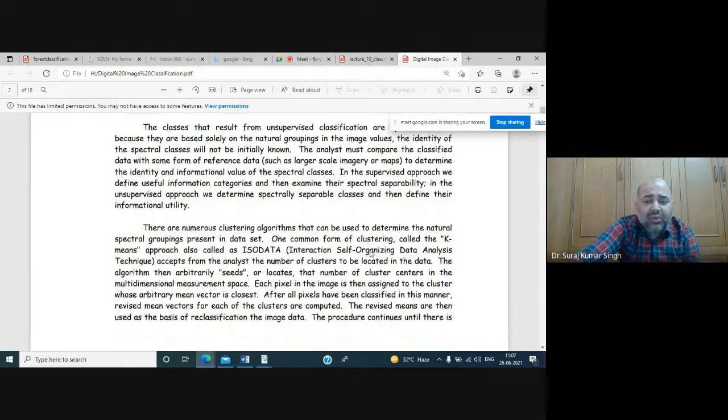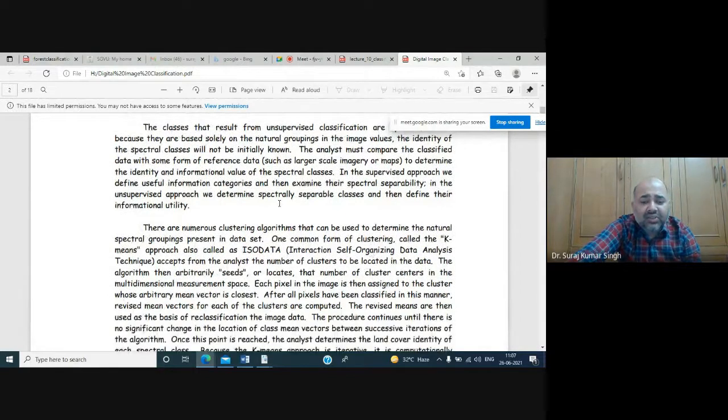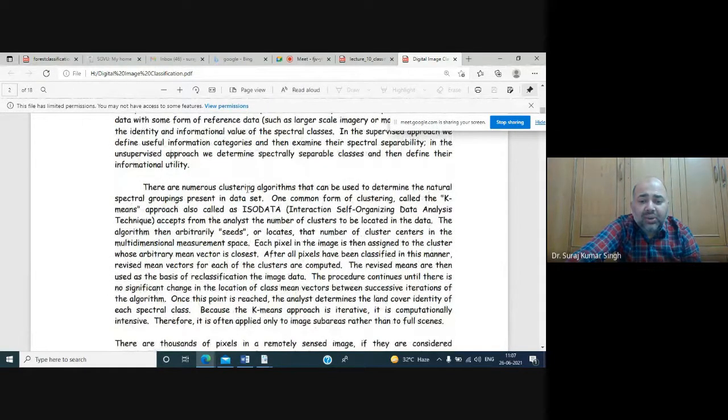When you talk about the unsupervised classification technique, the most important algorithm we use for getting that classification done is the ISODATA technique. ISODATA means Iterative Self-Organizing Data Analysis Technique. Iterative means it will be interacting with the various pixels.